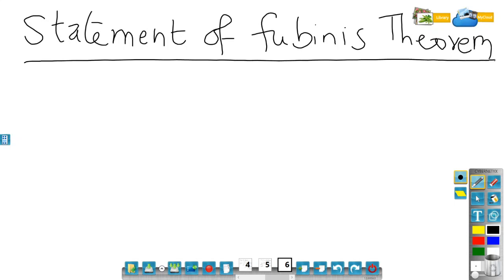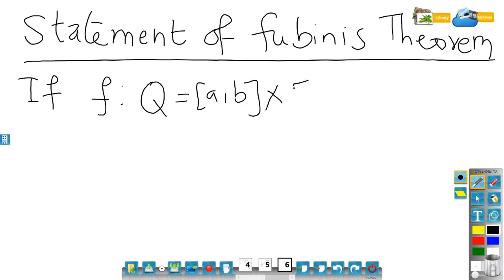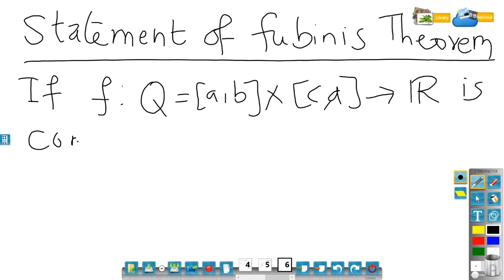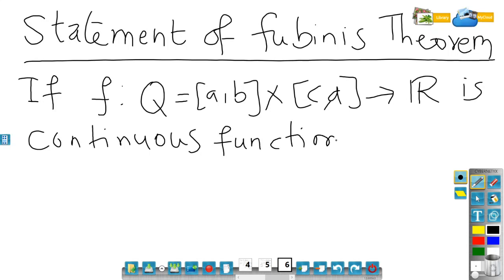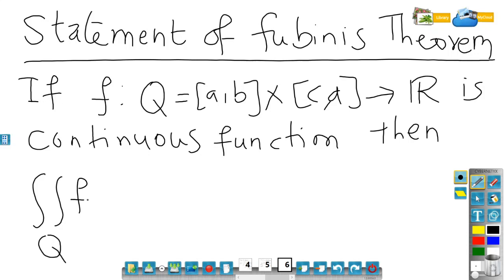So it says as follows. If we have a function f defined over a rectangle Q, which is equal to [a, b] cross [c, d] to R, is a continuous function, then a double integral over Q of f(x, y) dA.